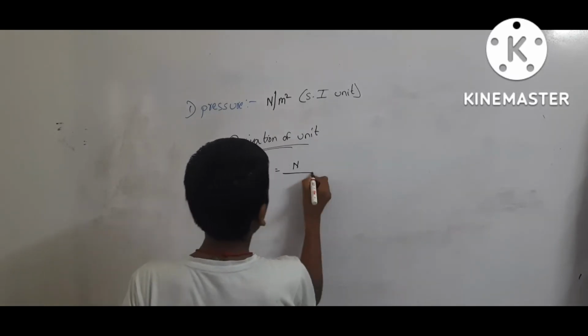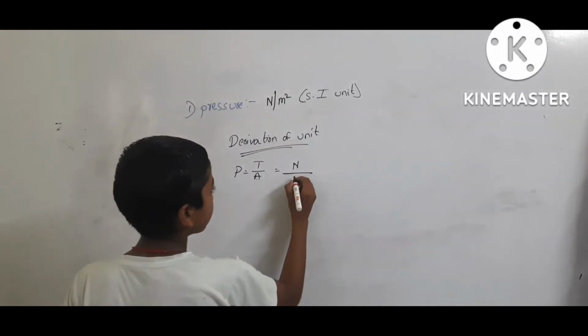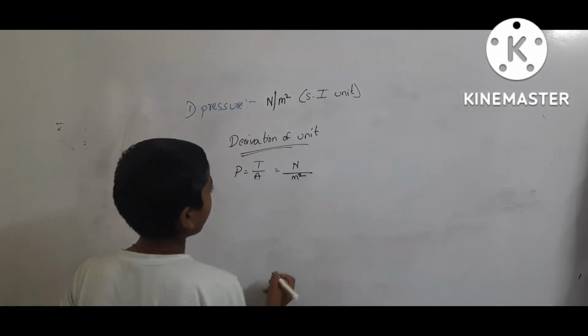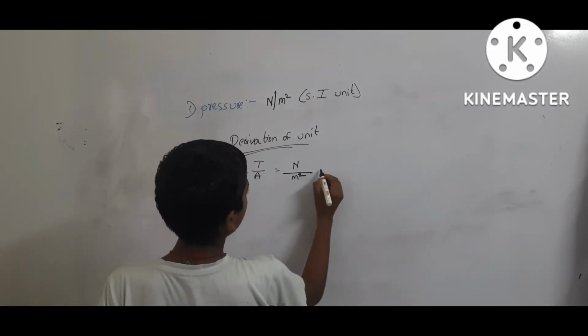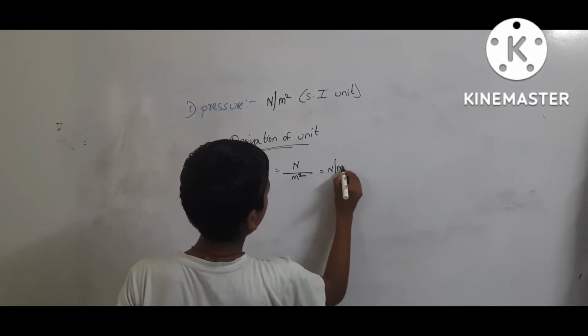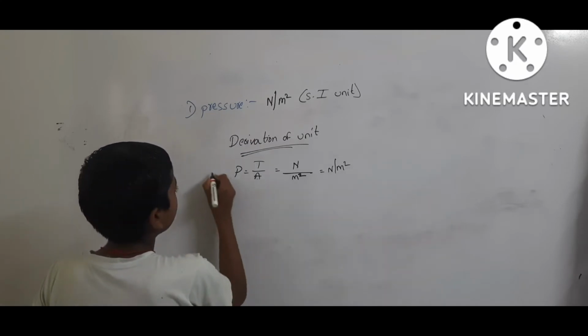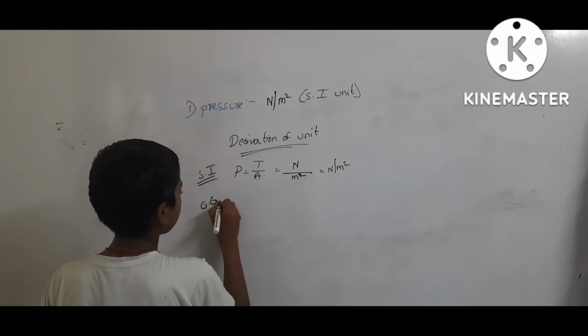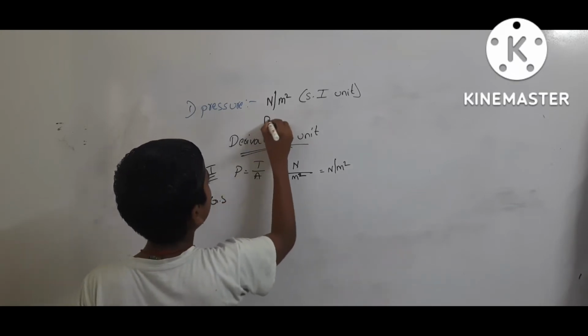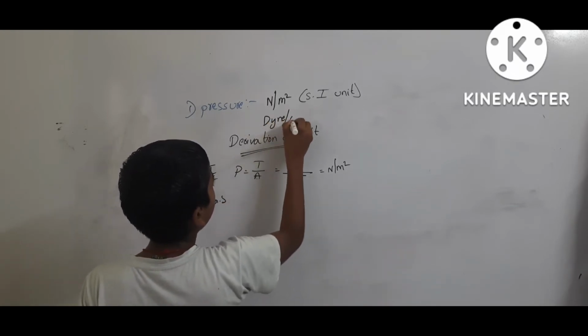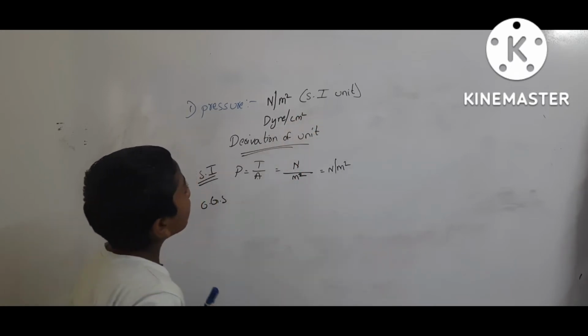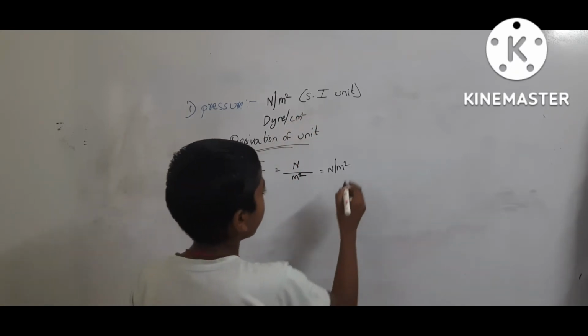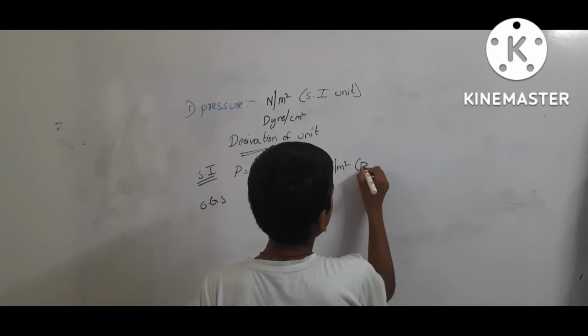Divided by area, whose unit in SI is meter square. This is N per meter square in SI, and in CGS it is dyne per centimeter square. The SI unit, N per meter square, is also called pascals.